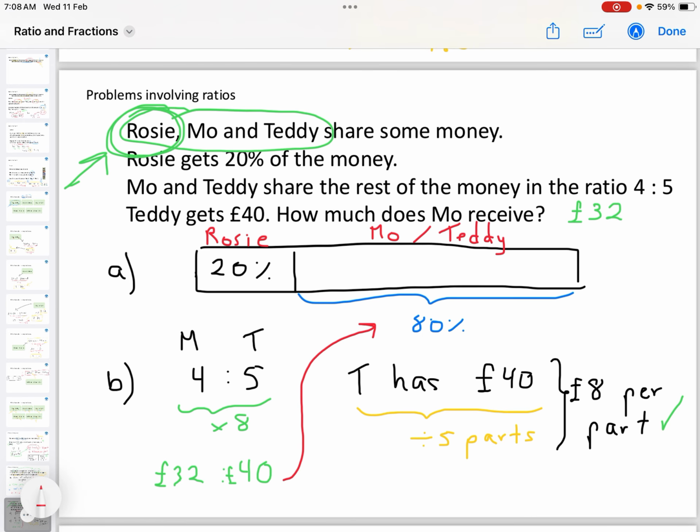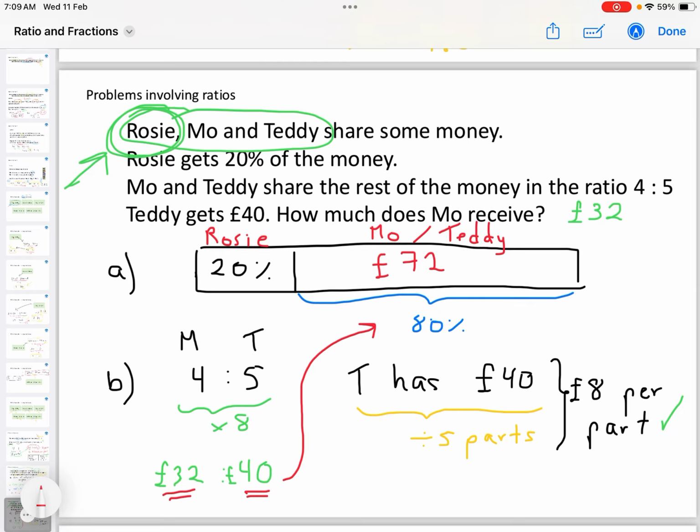So let's write it down again here. 72 pounds was the amount between Mo and Teddy. And we got that solution because we realized that if Teddy has 40, then Mo has 32. And those two together equal 72.